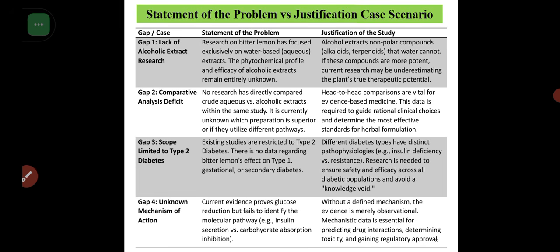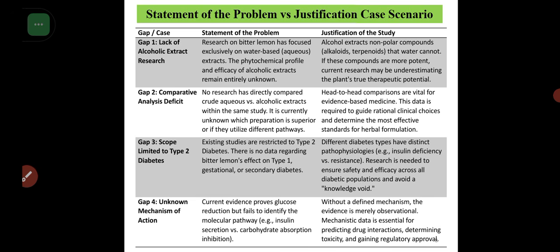Gap 2, comparative analysis deficit. No research has directly compared crude extract versus alcoholic extract within the same study. It is currently unknown which preparation is superior or if they utilize different pathways.